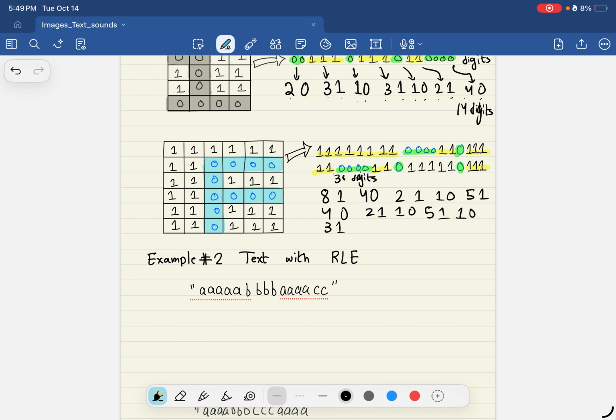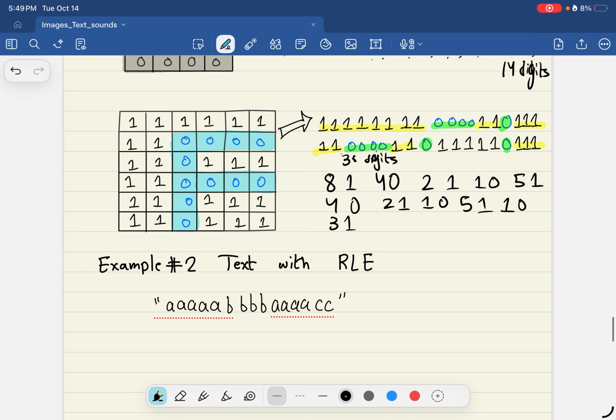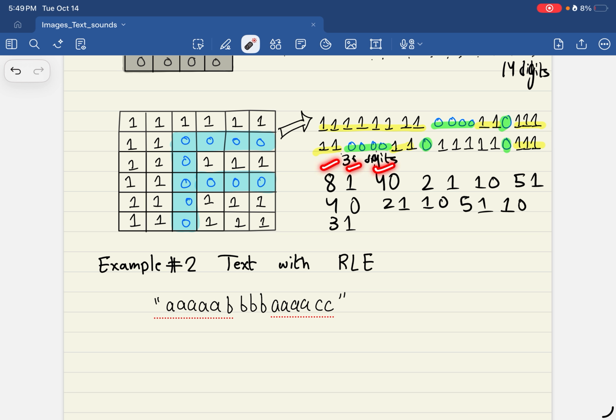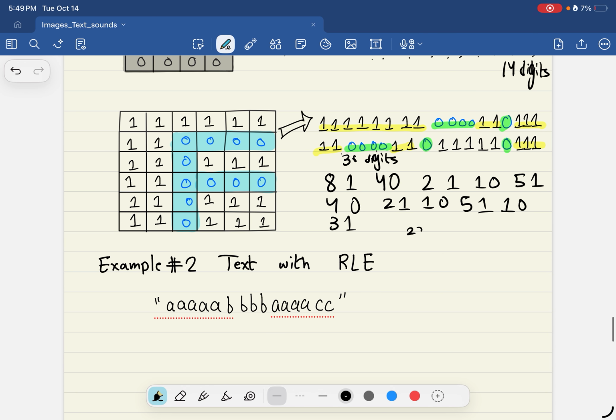But after recording the repetition and then the digit itself, let's see how many digits we have now. So 1 2 3 4 5 6 7 8 9 10 11 12 13 14 15 16 17 18 19 20 21 22, just 22, right? So we have a total of 22 digits being used to represent that same image.